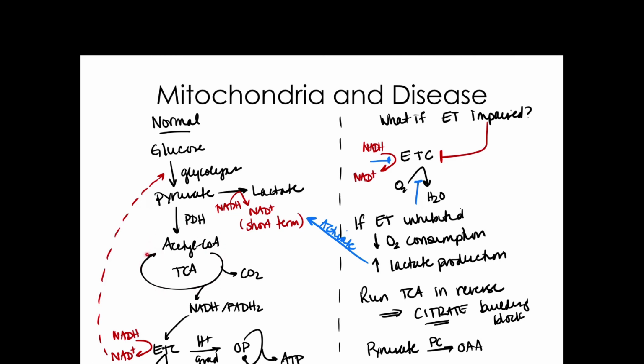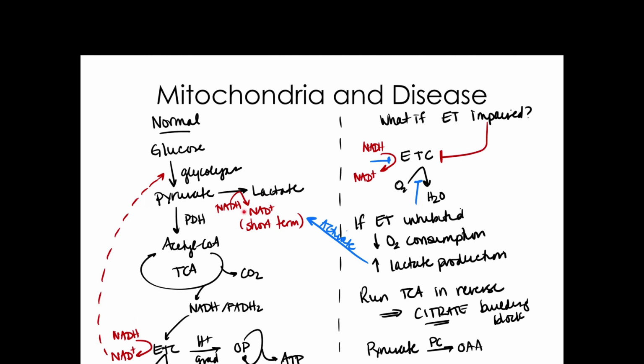A clockwise motion through the citric acid cycle will decarboxylate these fuels, generating NADH and FADH2, which go to the electron transport chain. Electrons are ultimately delivered to oxygen to generate water, and that proton gradient is used to synthesize ATP by oxidative phosphorylation.